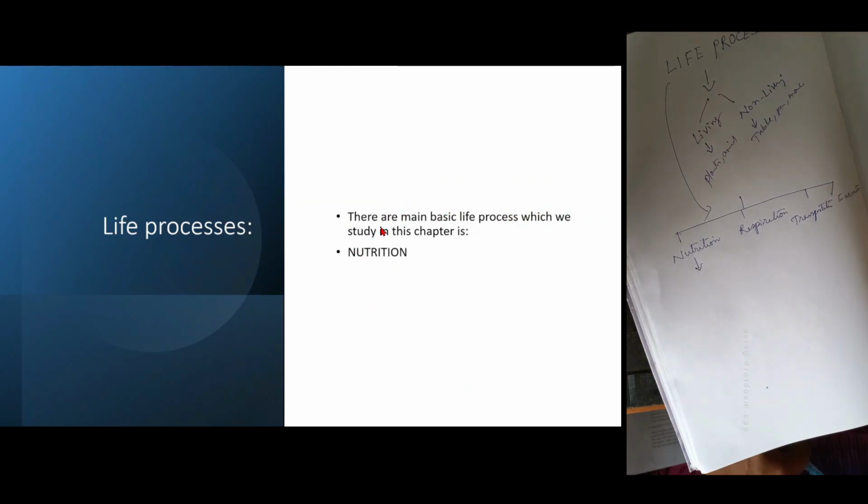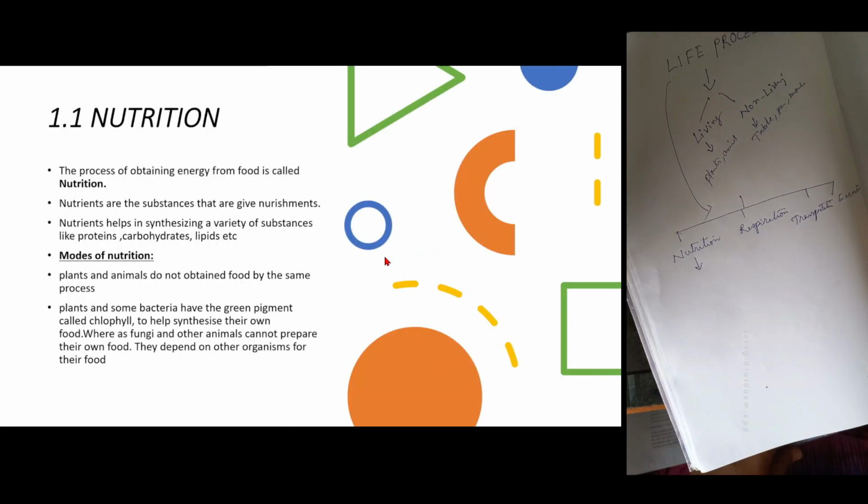As we study, there are many types of life processes. Of these, we are going to study in detail about nutrition. Nutrition is the process of obtaining energy from food, and nutrients are the substances that give us nourishment.